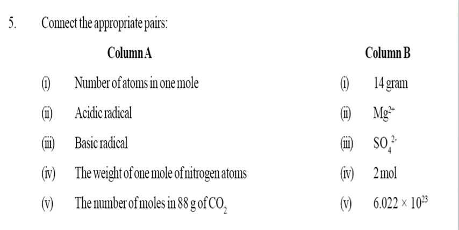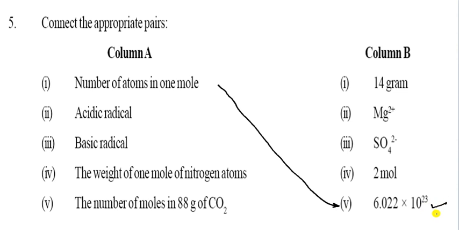Now let us see question number 5. Connect the appropriate pairs. First, number of atoms in one mole. So it is connected to the Avogadro number, that is the fifth one. It is 6.022 into 10 to the power 23.